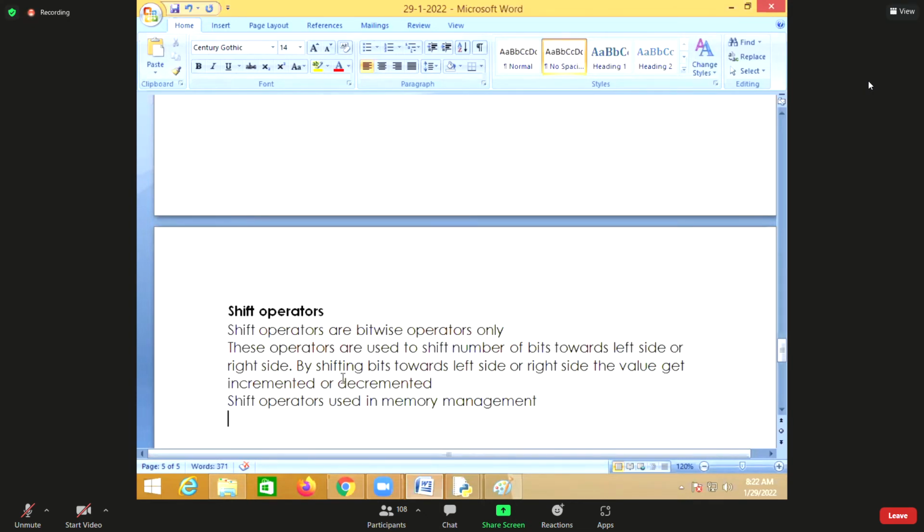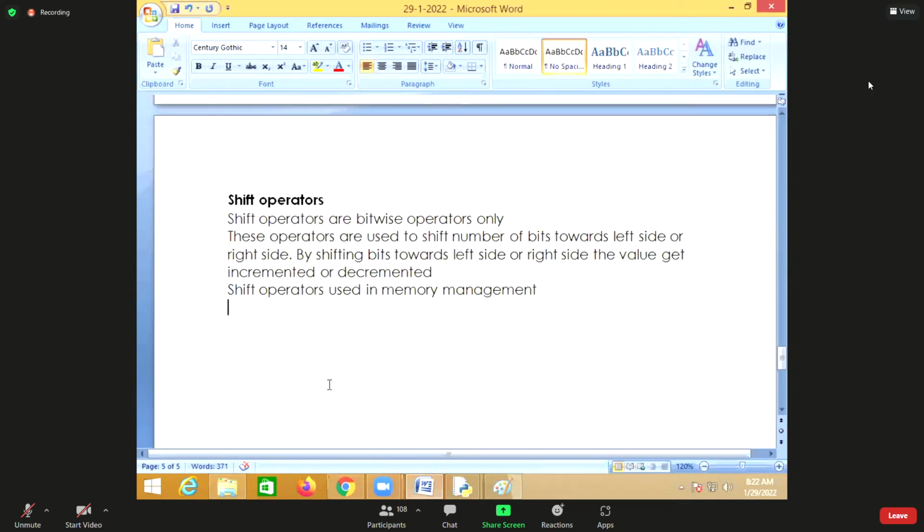When you add the bits, the value gets incremented. When you remove the bits, the value gets decremented. Decrementing you can do by using the minus operator, and incrementing by using the plus operator. But plus and minus will increment with a value.